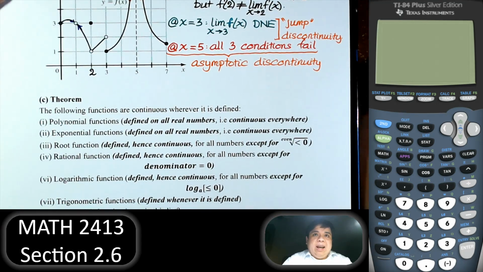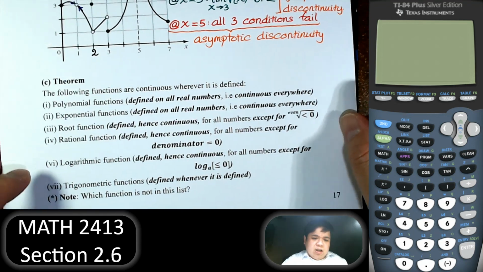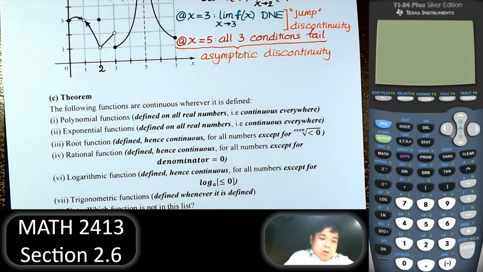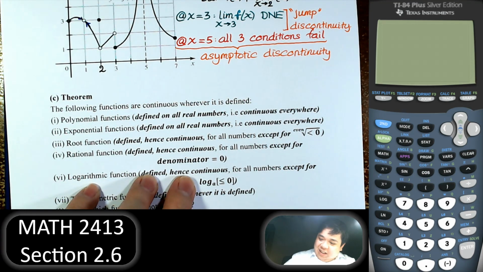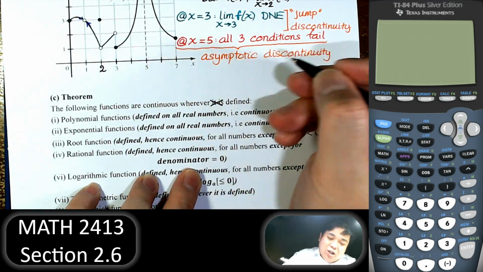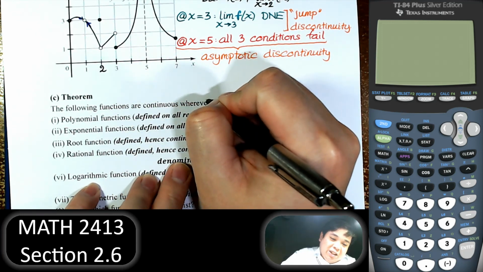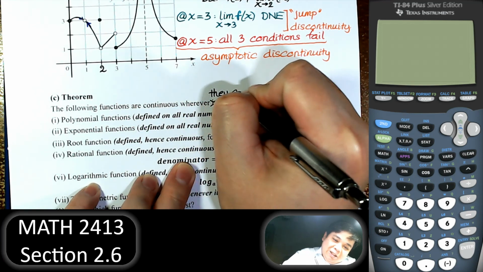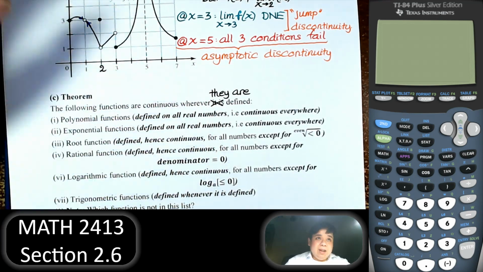Right. Next, this theorem, even though it doesn't have a lot of expression here, is extremely important. It says the following functions are continuous whenever they are defined. Sorry, I typed the note here. Sometimes the grammar and the spelling might not be perfect.